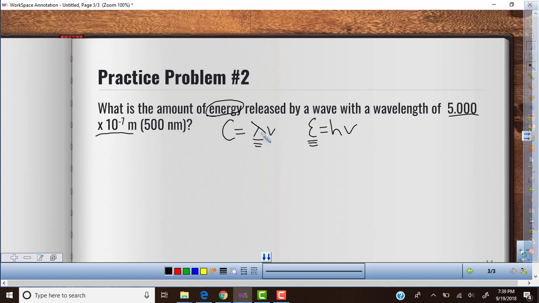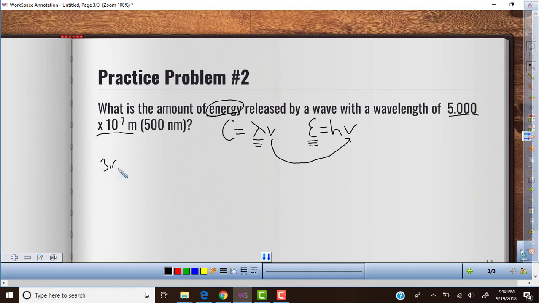So if we take a look here, we know C is the speed of light. We know lambda, we can solve for V. Then we can take this number, plug it in here because we have a value for h, and then we can solve for E. It's a little bit complex, but bear with me here. So the only thing given to us is wavelength. And again, we know the value of C. So let's plug some numbers in here.